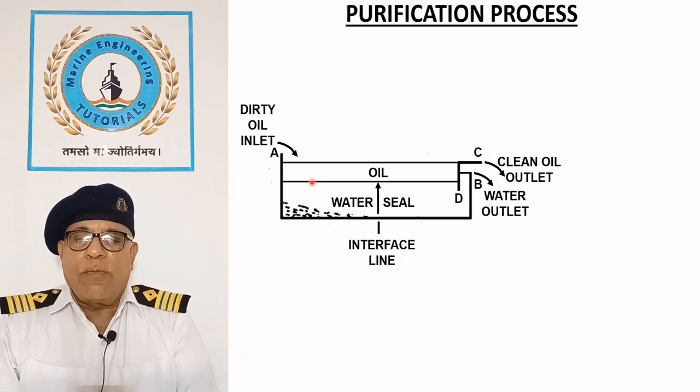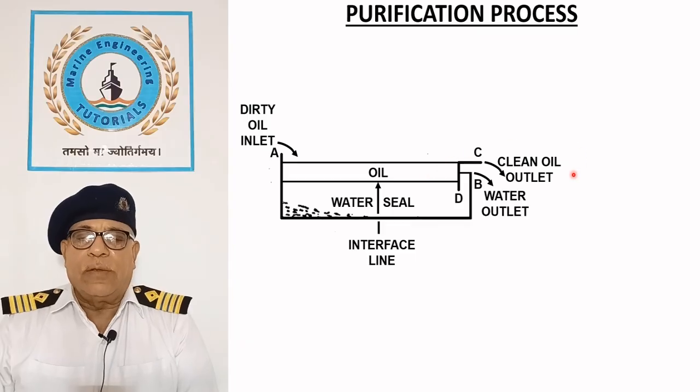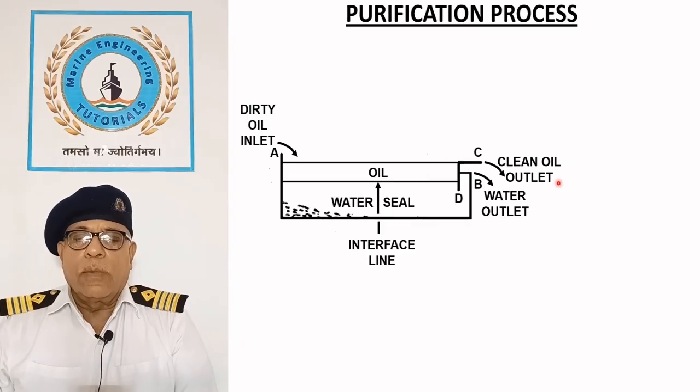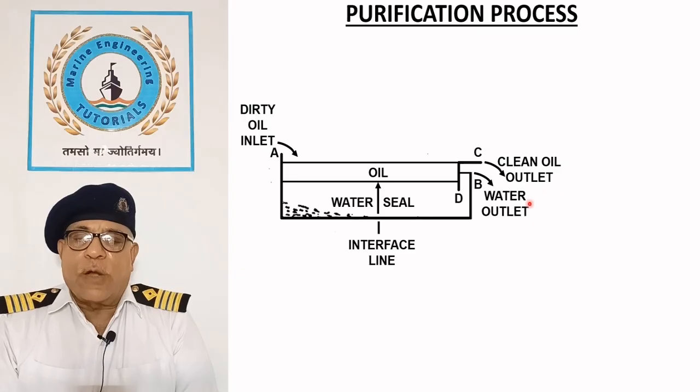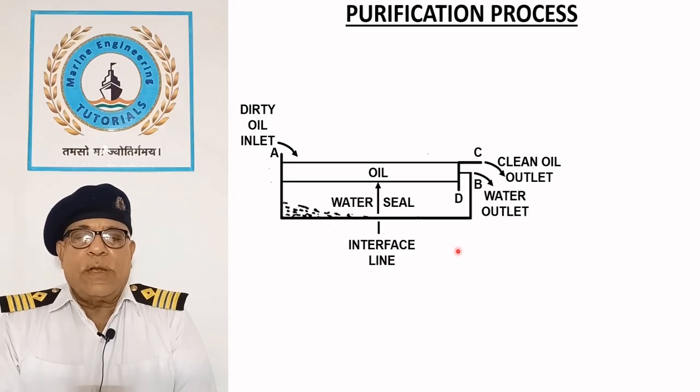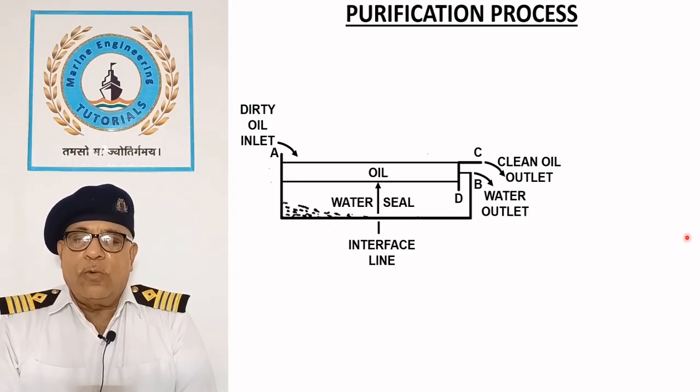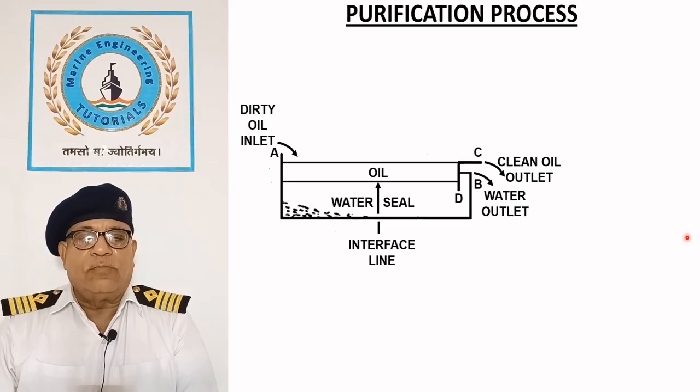An interface is formed between water and oil, and clean oil is discharged from clean oil outlet C. If the process is continued, water present in oil will settle down, causing overflow of equal amount from the water outlet at B, and purified oil will be discharged from the clean oil outlet at C.